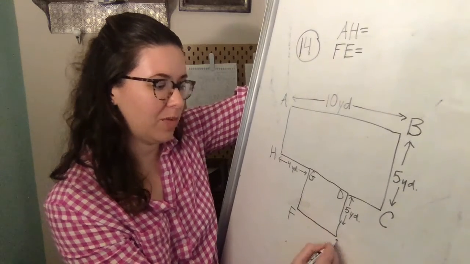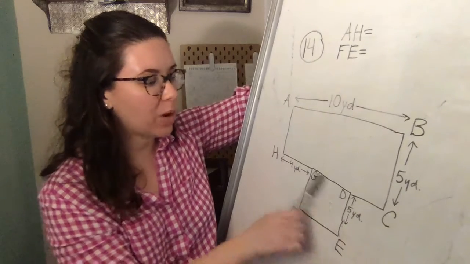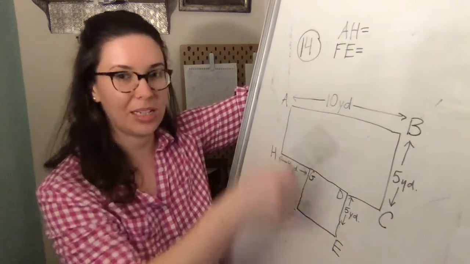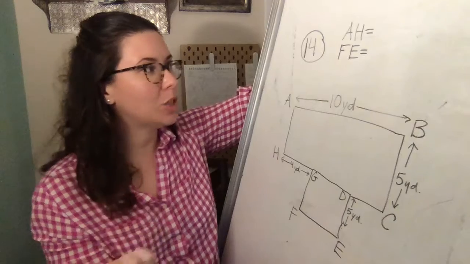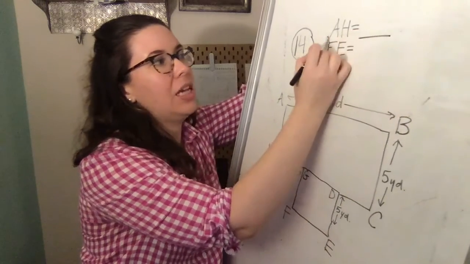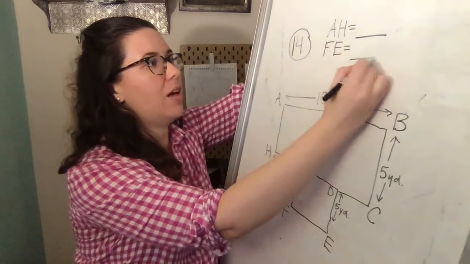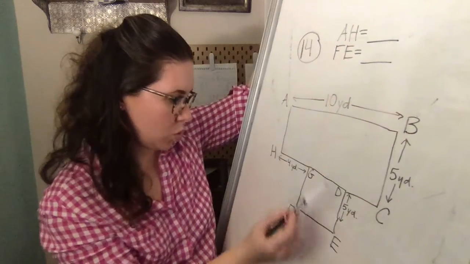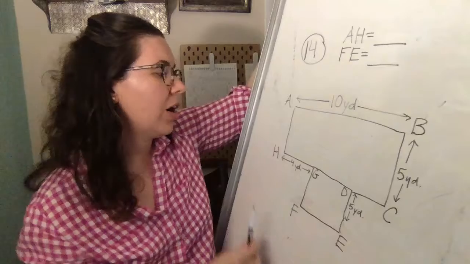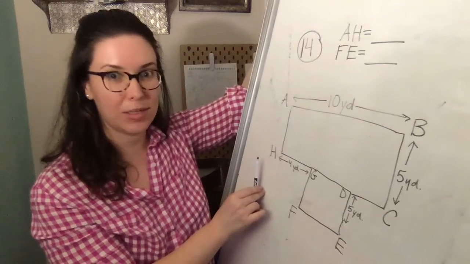It doesn't have to be perfect, but now we can visualize this part's the square and this part's the rectangle. And they want us to ultimately tell the length of AH, this one, and the length of FE, this one. All right, let's start with AH because that's really simple.